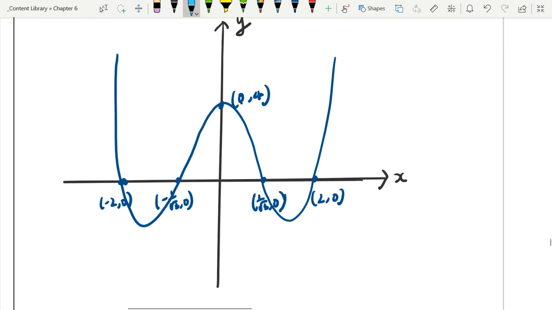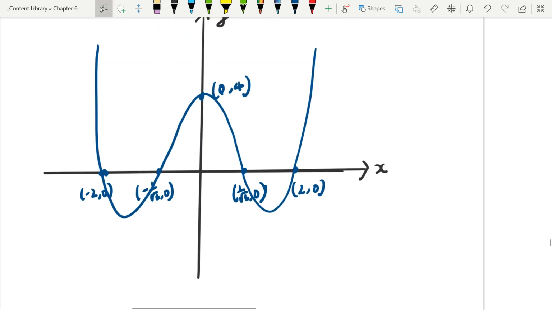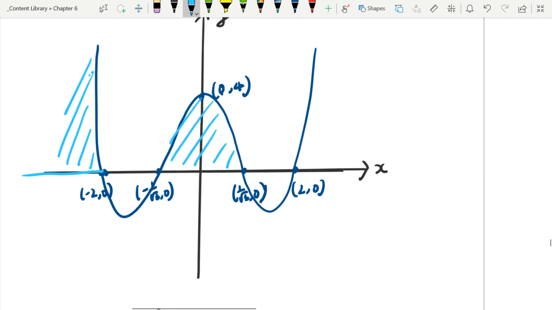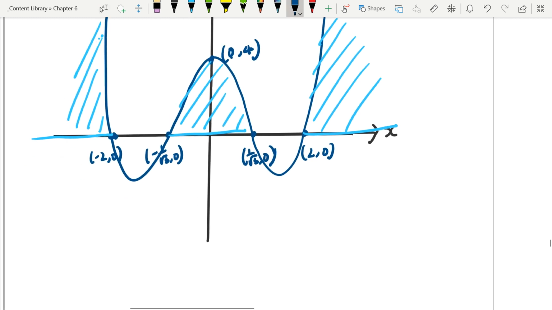So it will be these values, these values and these values. So it's three different sections. So x belongs to negative infinity to negative 2, exclusive, union that, union to infinity.